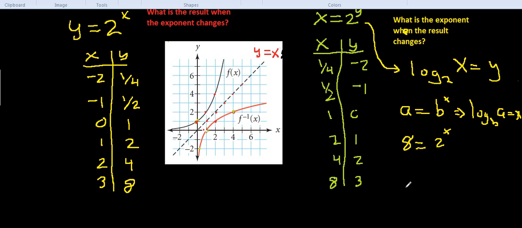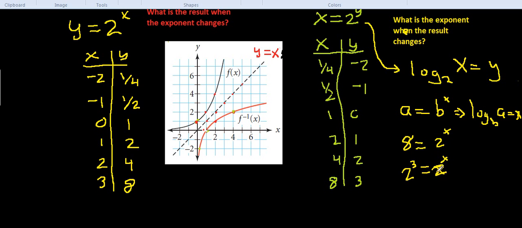If we're looking at 8 and 2, we should be asking ourselves, is there some connection, some base, or some way to rewrite this? Well, 8 can also be expressed as 2 to the third power, which equals 2 to the x. So now we have the common base.